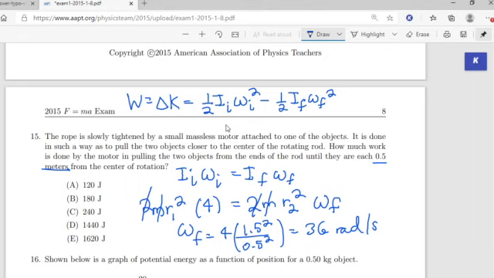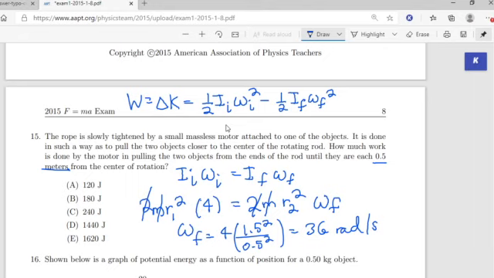Yeah, okay, and then times omega squared, which would just be 16 because it's 4 squared, minus now omega squared would be 36 squared, which is a huge change.